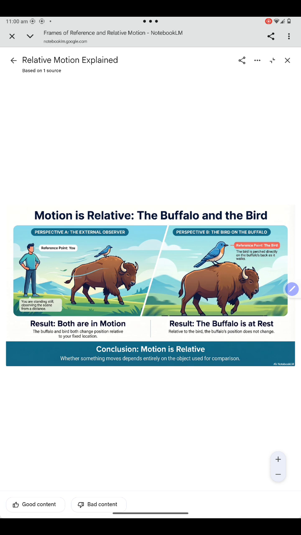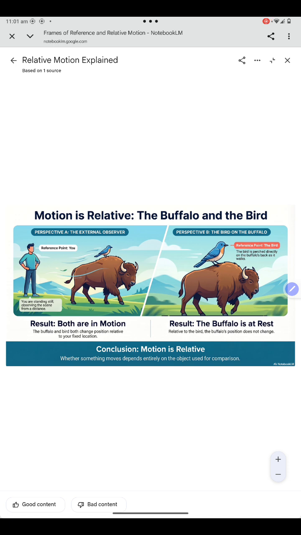So which of these statements are true? You can say that both the statements are true. The change is that the reference point or the fixed point has changed. How do you define motion? Motion is defined if an object changes its position with reference to a fixed point.